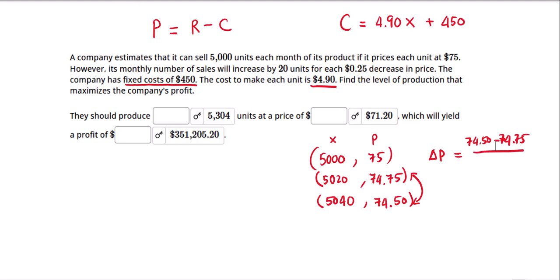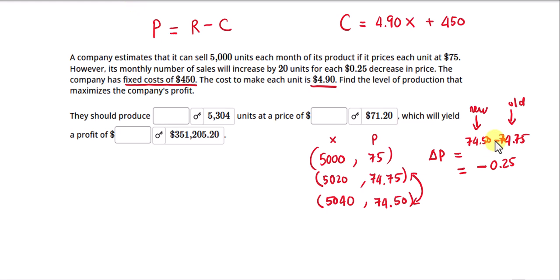Actually, we'll just take the delta P, right? That is the change from the old to the new price. So that should be minus 0.25, because the new value is always 0.25 less than the old value, so we take the new value minus the old value.